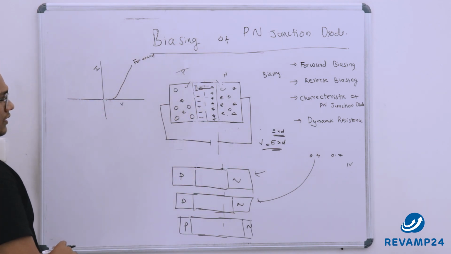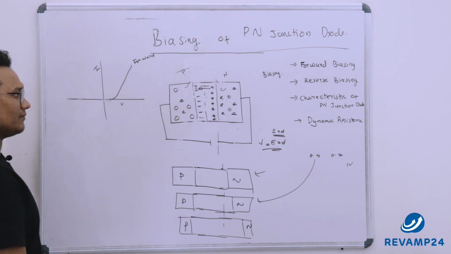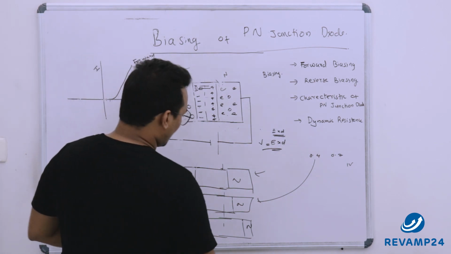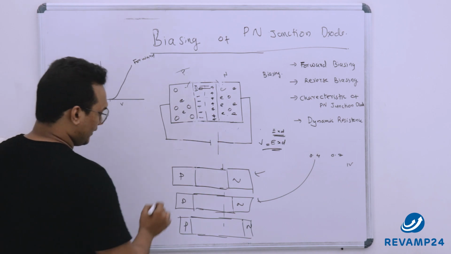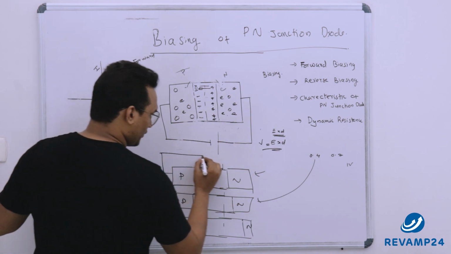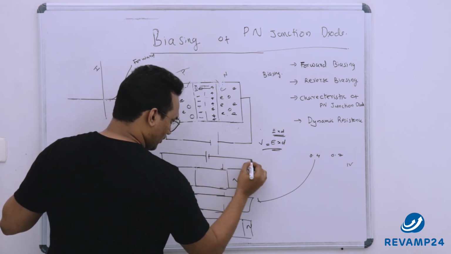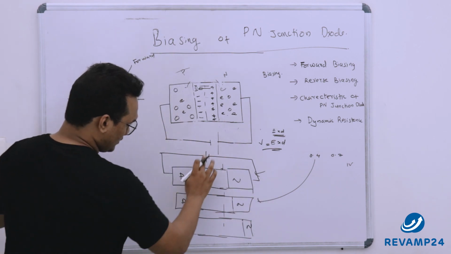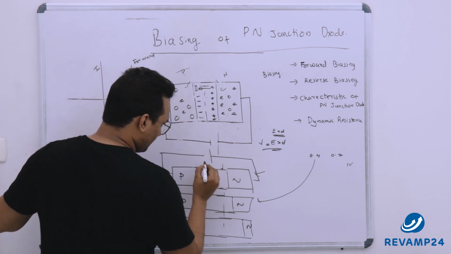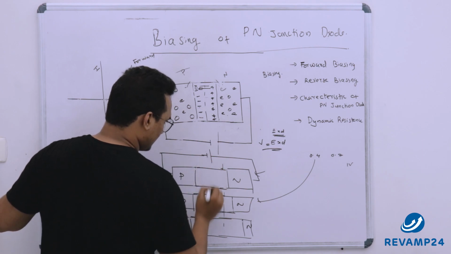But there is one very important thing. What will happen when I am applying a reverse potential here? With N we are connecting positive, with P we are connecting negative.